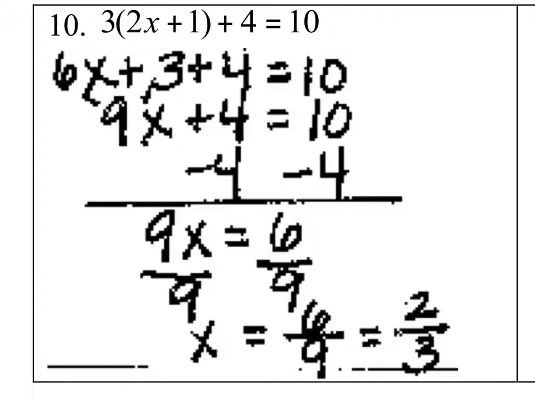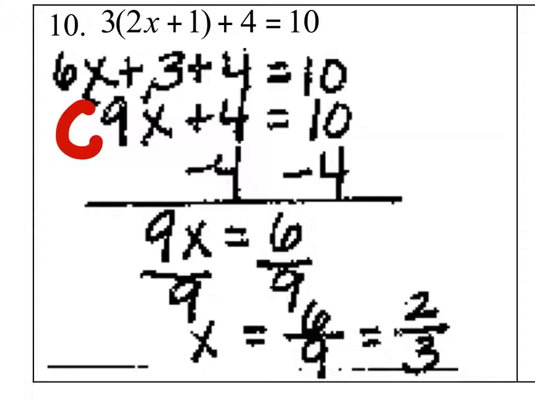All right. Looking at this one, what did they do? They did something wrong. They added 6x plus 3. We can combine this 6x with this 3 because they're unlike terms. No, we can't do it.